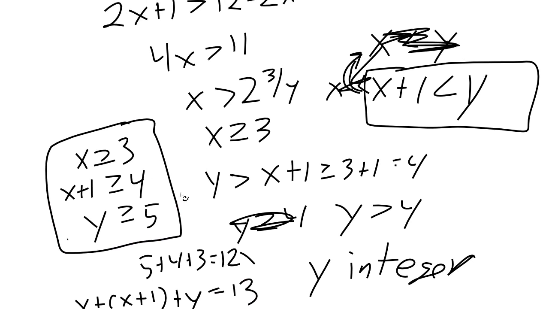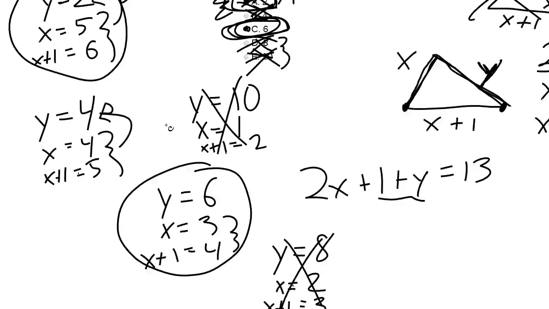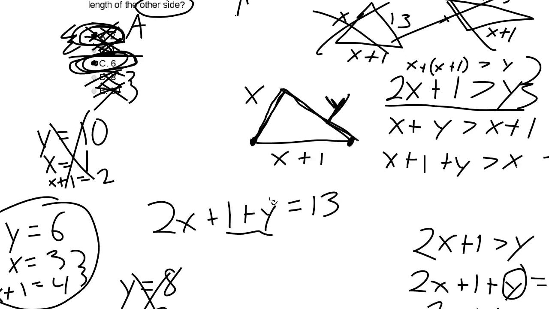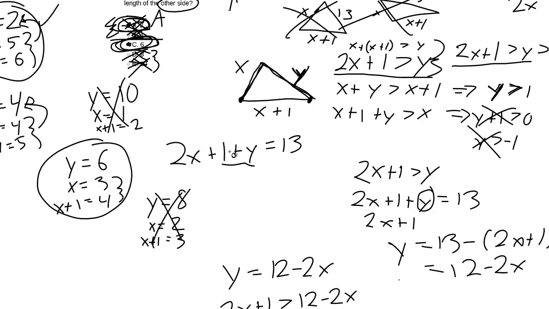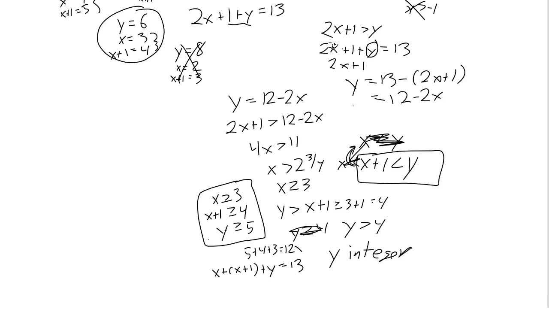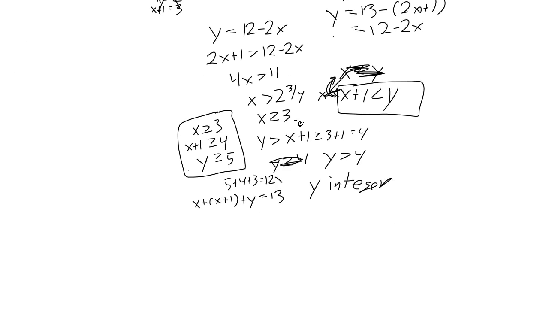Well, I've concluded that y must be at least 5, so that would have eliminated a and b. See if I can make sense of all of this. I feel I could close the case with my inequalities alone.